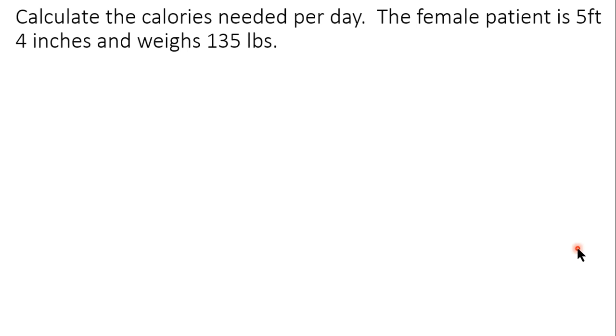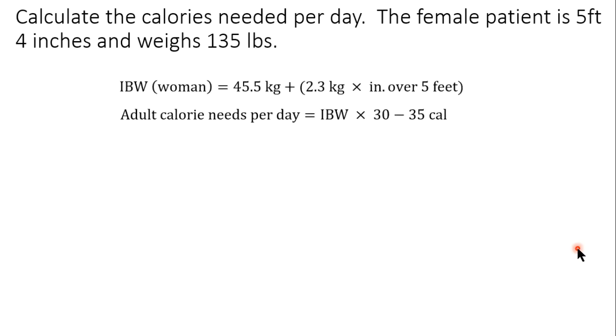Calculate the calories needed per day. The female patient is 5 foot 4 inches and weighs 135 pounds. So our information for the height is in 2 units again. Oh, sorry.